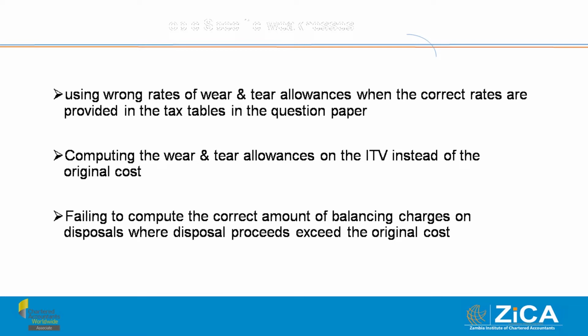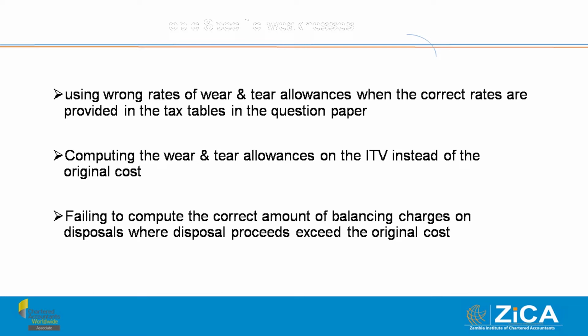Students also make a mistake of using the income tax value of an asset when computing the capital allowances instead of using the original cost. Capital allowances are always computed using the original cost. You don't use the income tax value to compute the capital allowances.